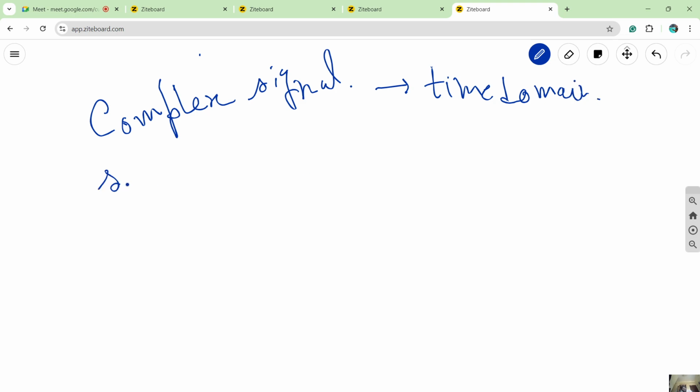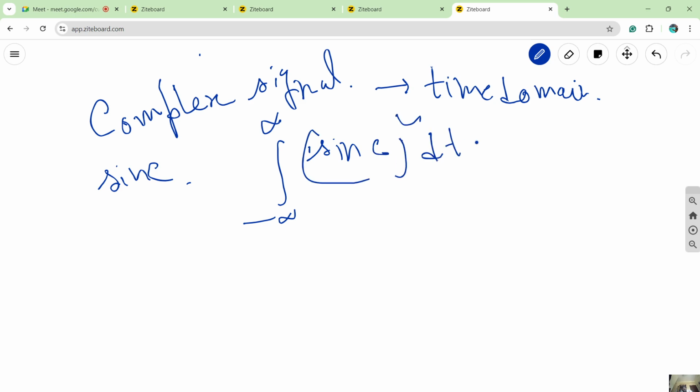Like here it was sinc, so you have to calculate the integral from minus infinity to infinity of sinc square dt. But sinc is some sort of periodic in nature, right? Here you can see it has a small period. Is it a power signal? It extends from minus infinity to infinity.